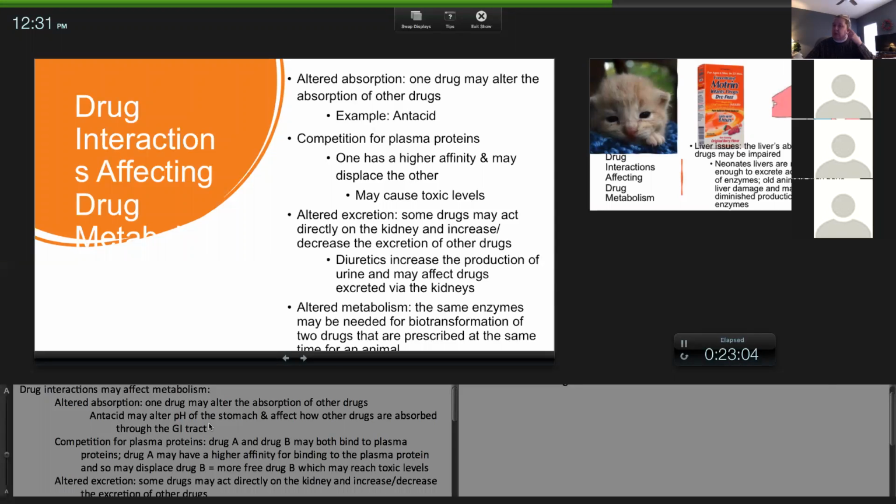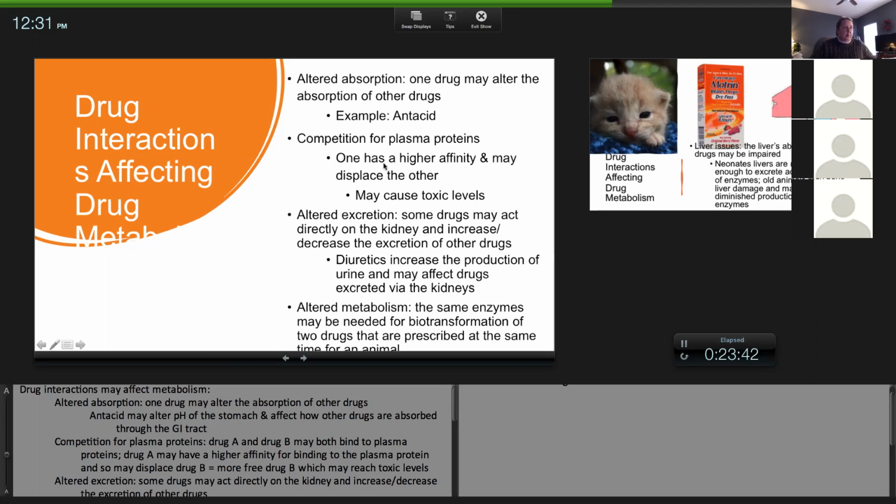But if we're potentially using a drug like sucralfate or an antacid that's altering the stomach environment, sometimes we'll separate those drugs from other medications. Again, this is a doctor call, but my doctors will write instructions: give Pepsid, give other medications an hour later, or give this and then give this medication. So sometimes drugs do have to be separated, not all given at once, due to these interactions that can affect the metabolism or the uptake of that other drug.